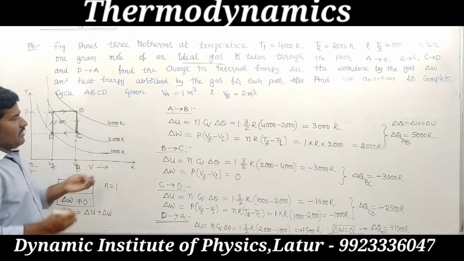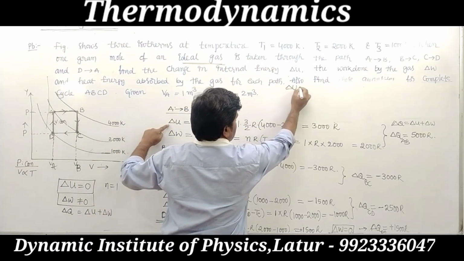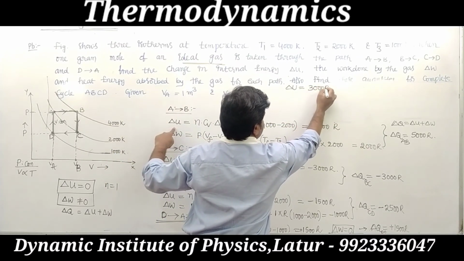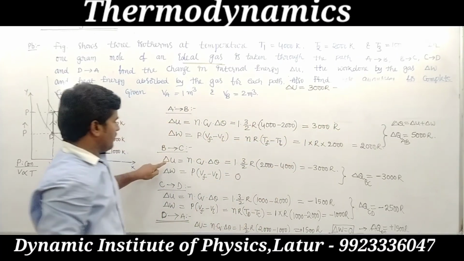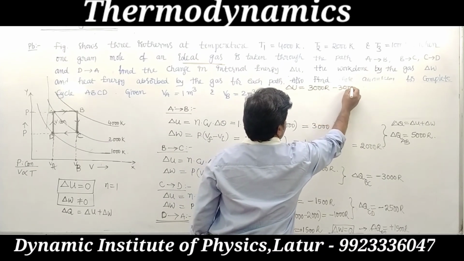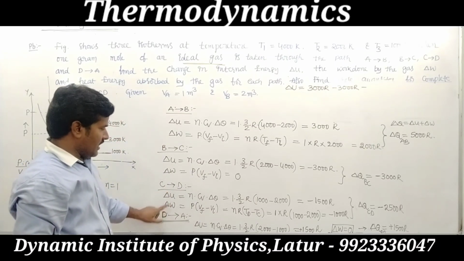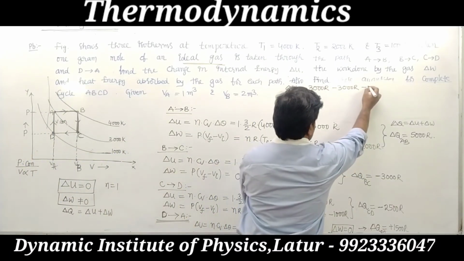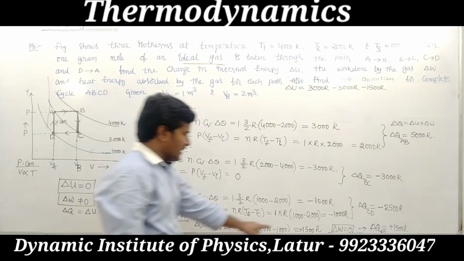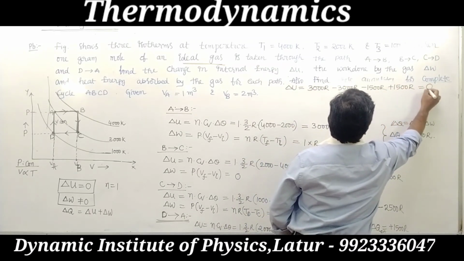Total internal energy: A to B internal energy is 3000 R, plus B to C internal energy minus 3000 R. Next, C to D internal energy is minus 1500 R. Last, D to A internal energy is plus 1500 R. The total internal energy becomes 0.